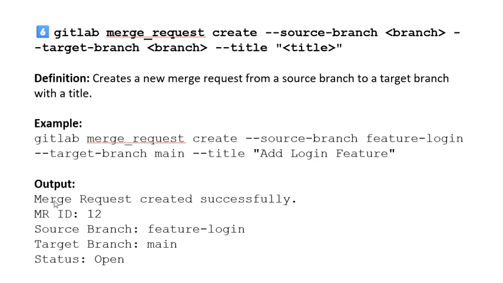The output is: merge request created successfully, MR ID: 12, source branch: features-login, target branch: main, and status is open.